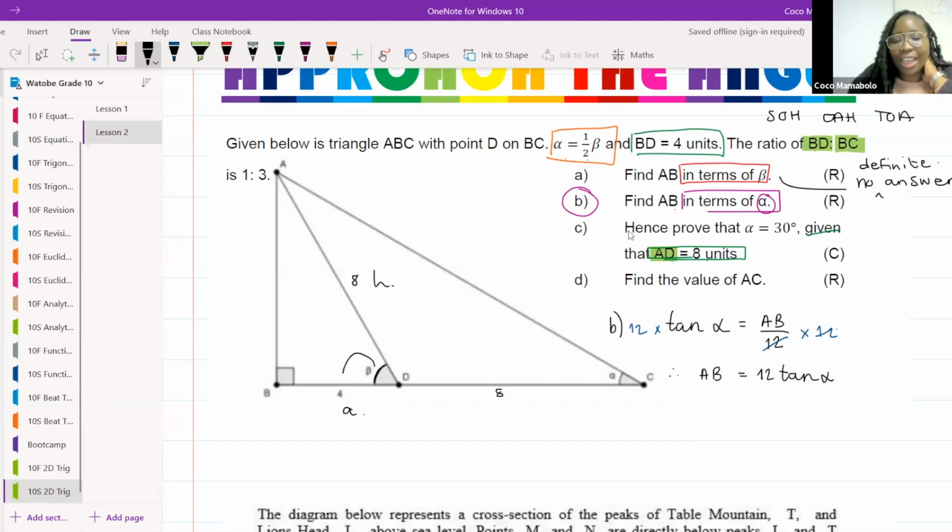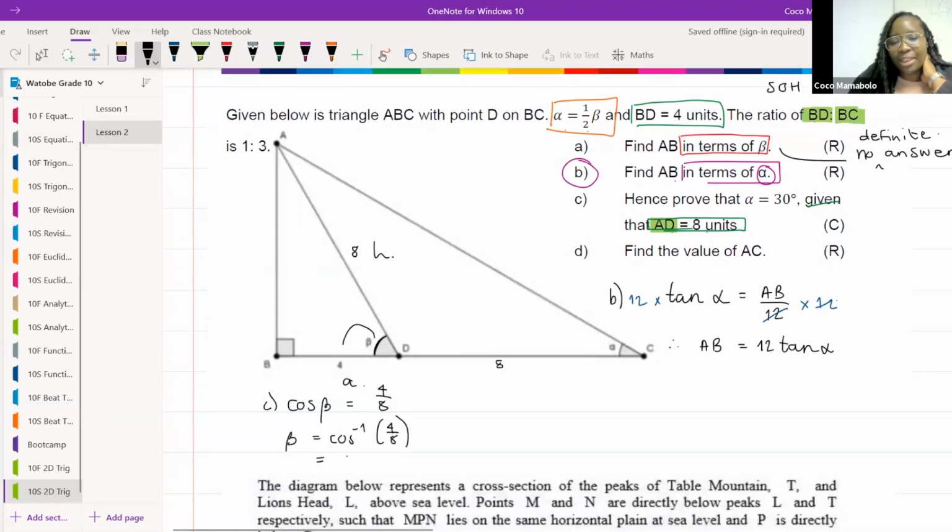Then we say cos beta is equal to 4 over 8, and we're calculating for an angle, therefore we must click what? Shift. It's a shift angle. Good. So we know that beta is going to be equal to shift cos of 4 over 8. If you punch that into your calculator, what answer do you get? 60.